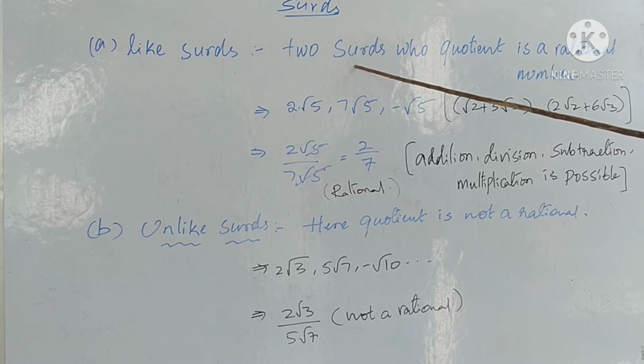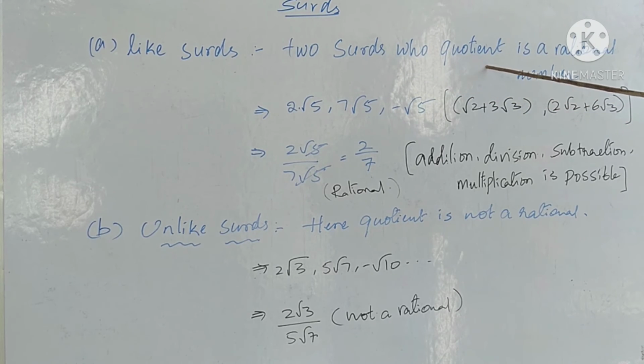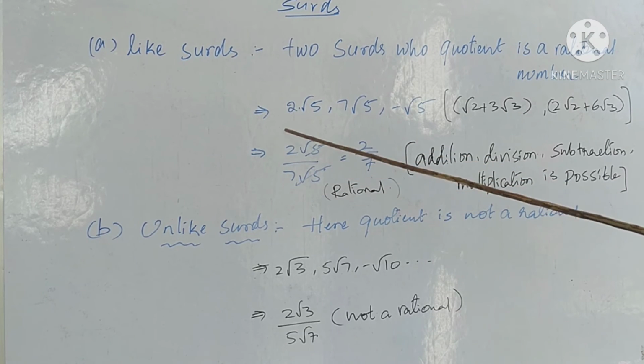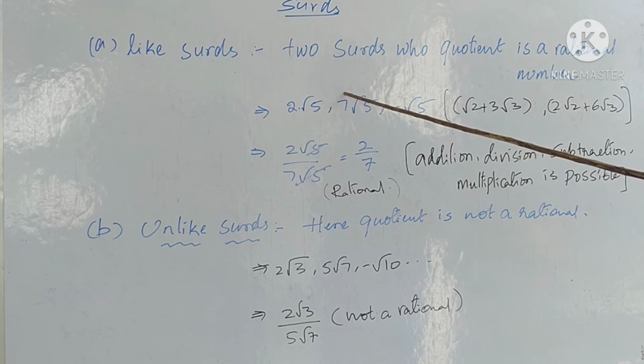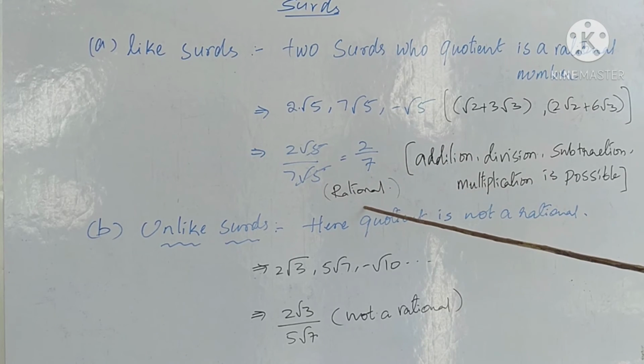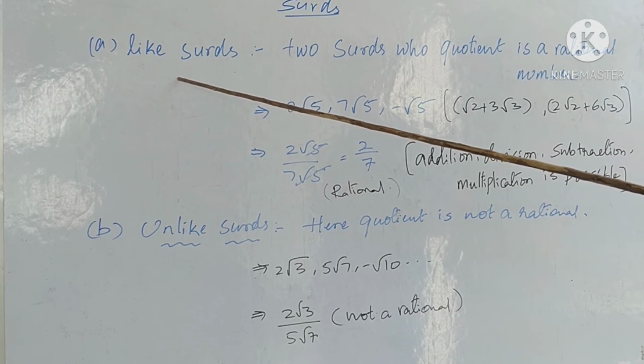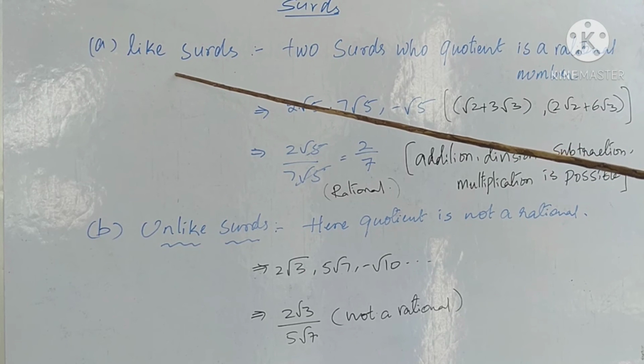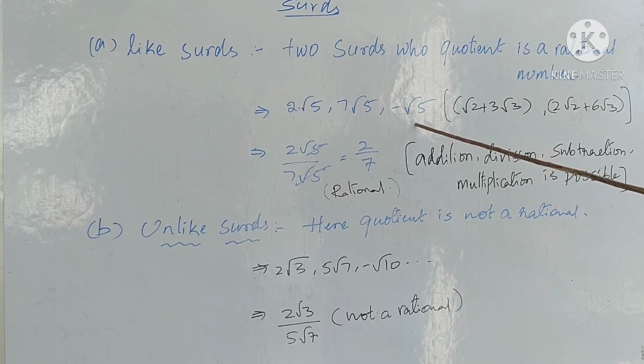This is the definition: two surds whose quotient is a rational number. Let's check here: 2 root 5 by 7 root 5. Root 5 cancels, so the result is 2 by 7. It is a rational, so this type of surds are called like surds.